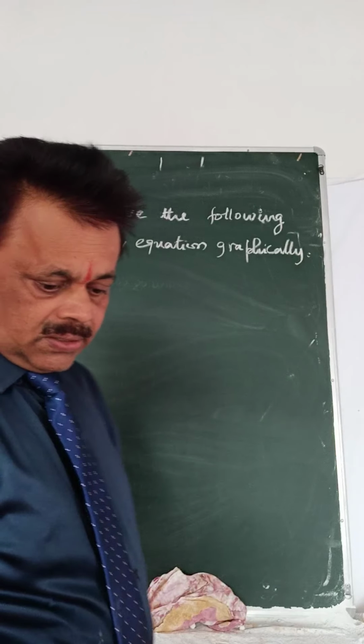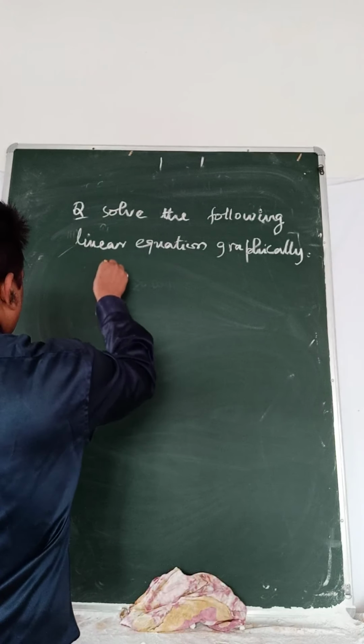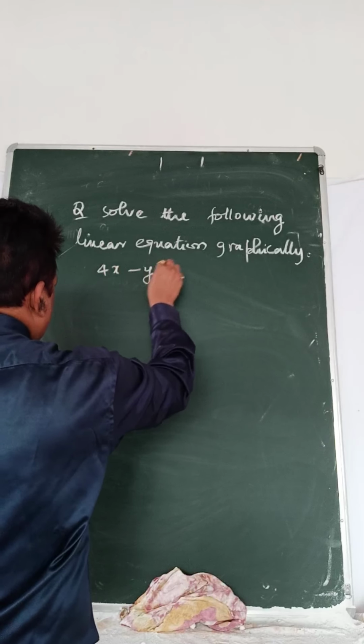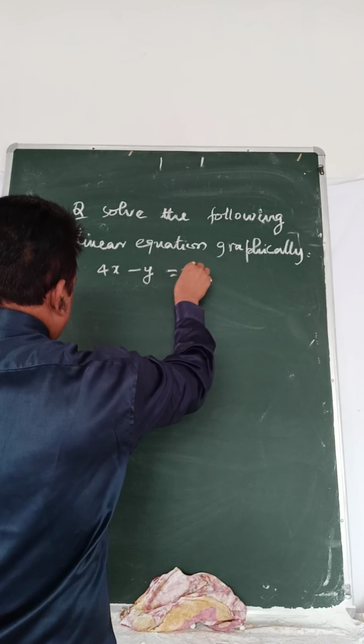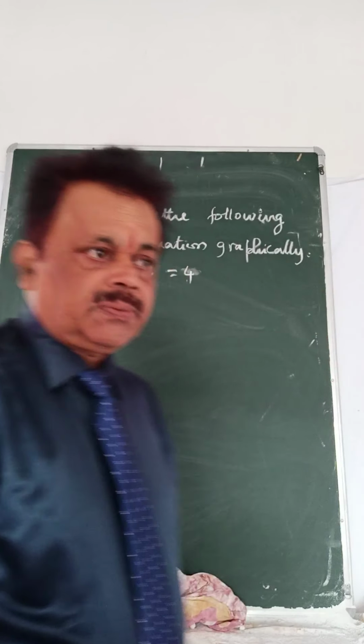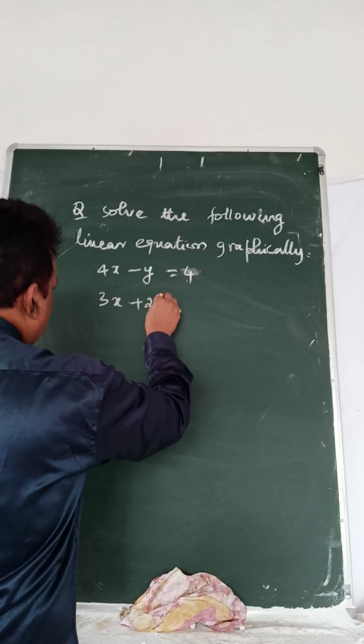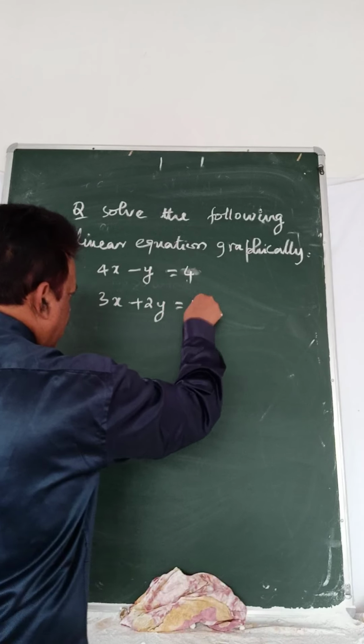So suppose our question is 4x minus y equals 4. 4x minus y equals 4. Then you have 3x plus 2y equals 14. 3x plus 2y equals 14.